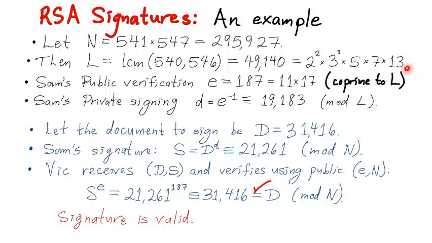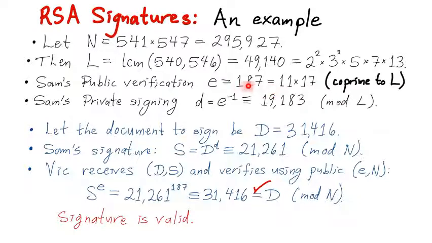All right. Now remember that the verification key has to be coprime to L. So I'm just going to take a product of two primes that are not on this list, like 11 times 17. So I take the verification key E, chosen at random, which is not very random, but it's 11 times 17, so that's 187.